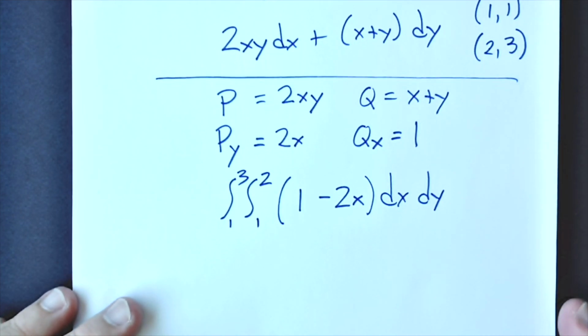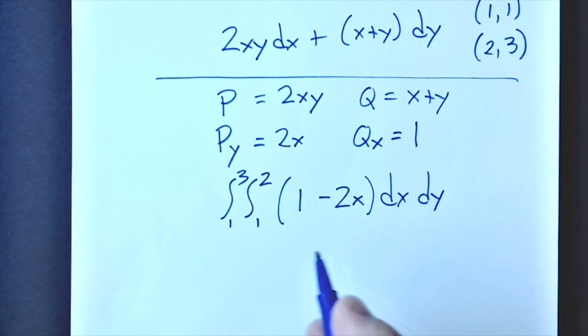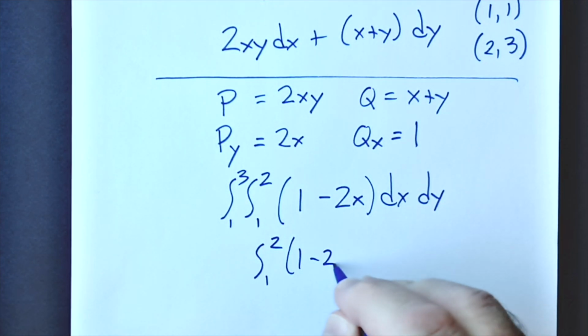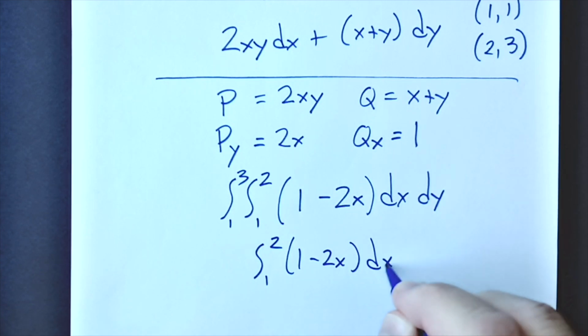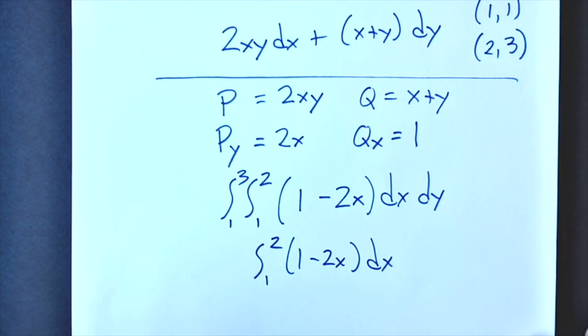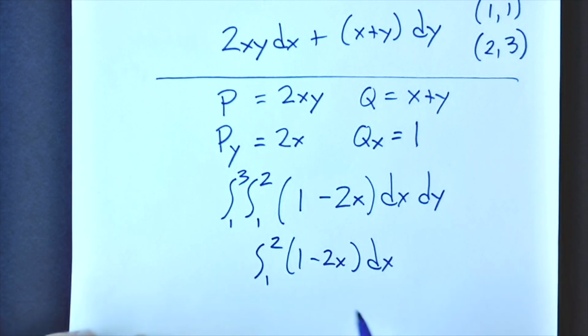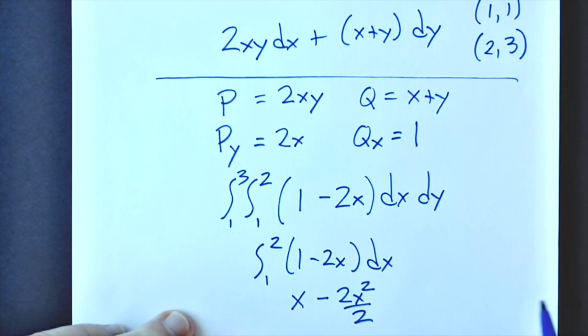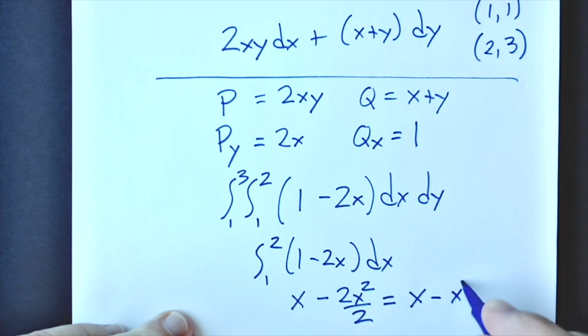And then we're going to go from here. Let's look at that inner function first. The integral of that with respect to x is going to be x minus 2x squared over 2. Well, the 2's cancel, right? And so wouldn't I be left with x minus x squared?